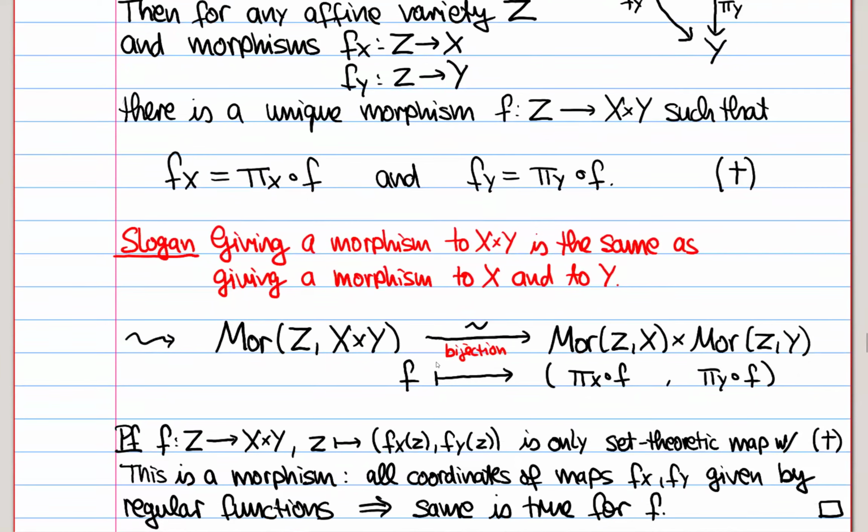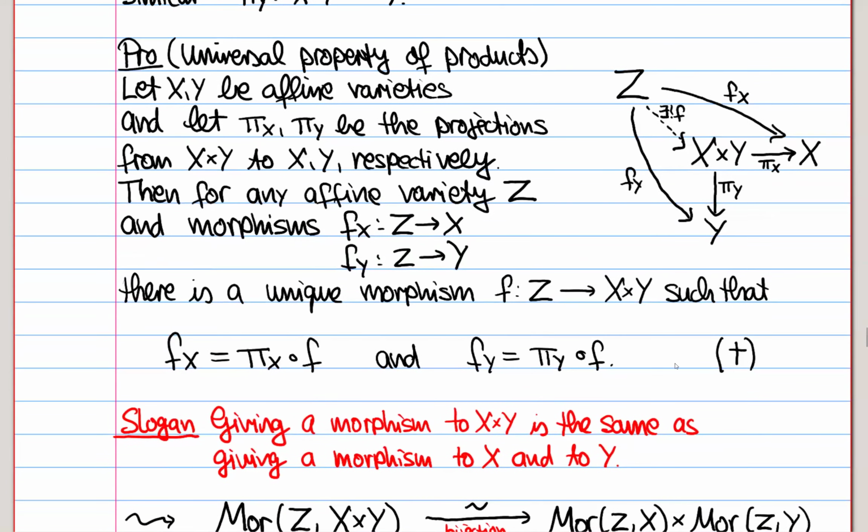Namely, the claim is that the set-theoretic map f from Z to X cross Y, which sends z to f_X of z in the first coordinates and f_Y of z in the second coordinates, is the only set-theoretic map satisfying this condition dagger or this diagram here, because the projections tell you exactly what the first n coordinates must be, the projection to X, and the last m coordinates are told to you by pi_Y.